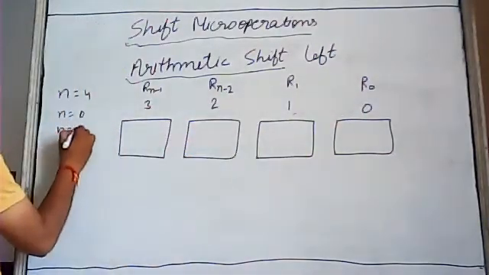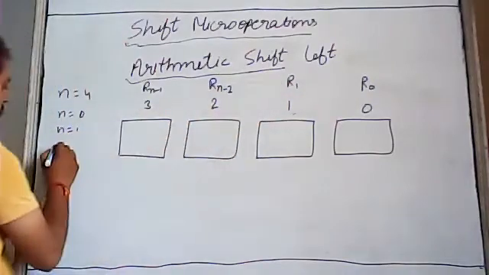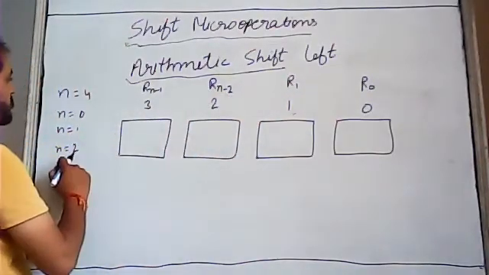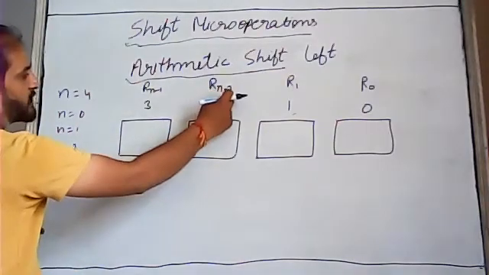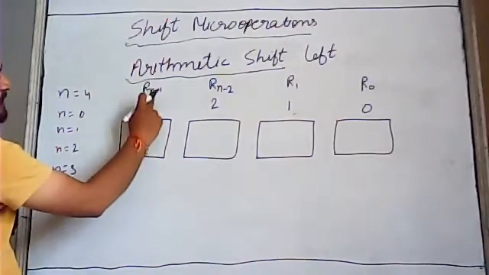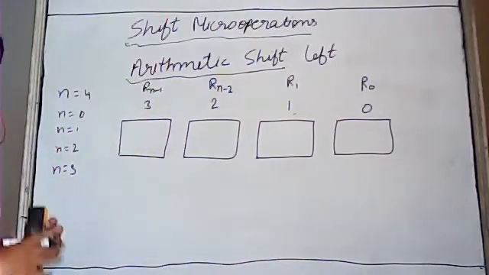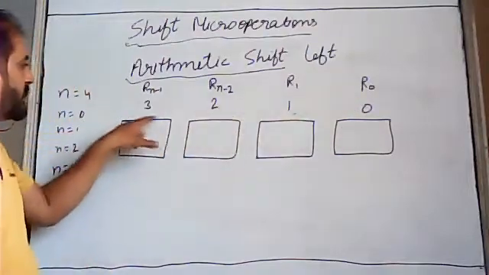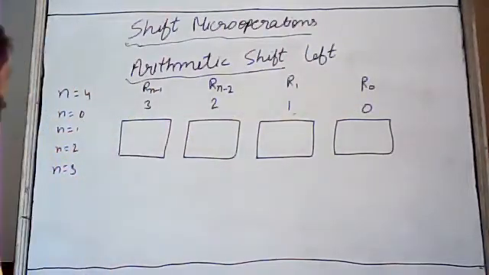If n is equal to 1, it is R1. If n is equal to 2, n minus 2 means 4 minus 2, which is 2. If n is equal to 3, it means 4 minus 1, bit number 3. This is the numbering of the register.